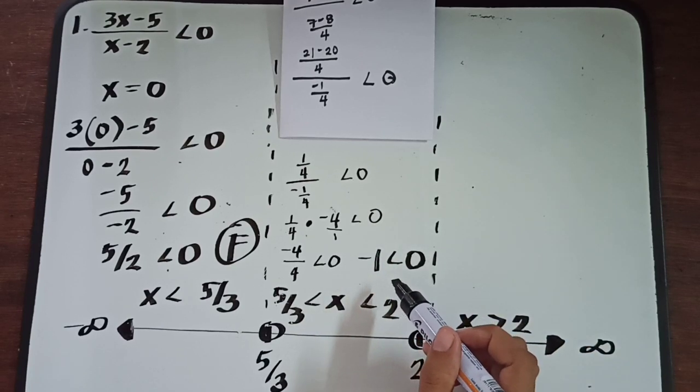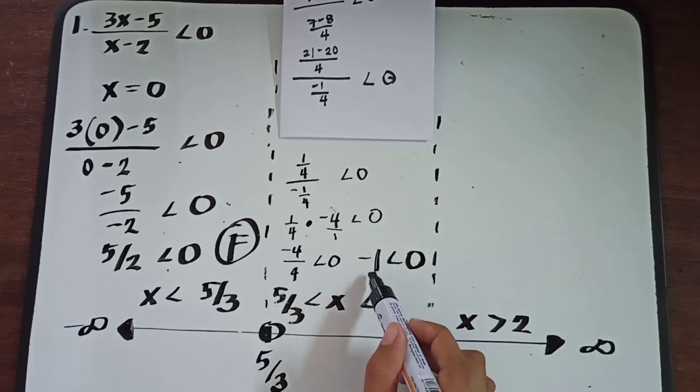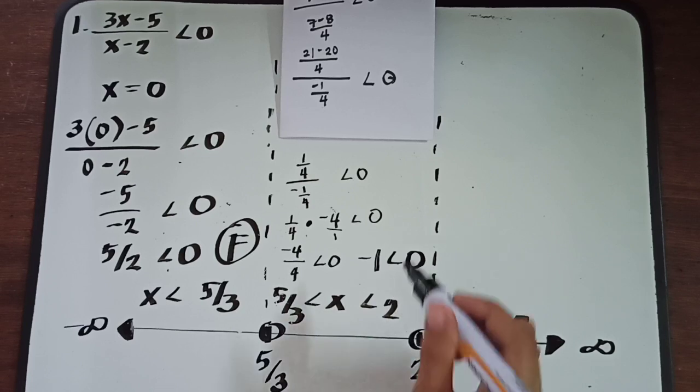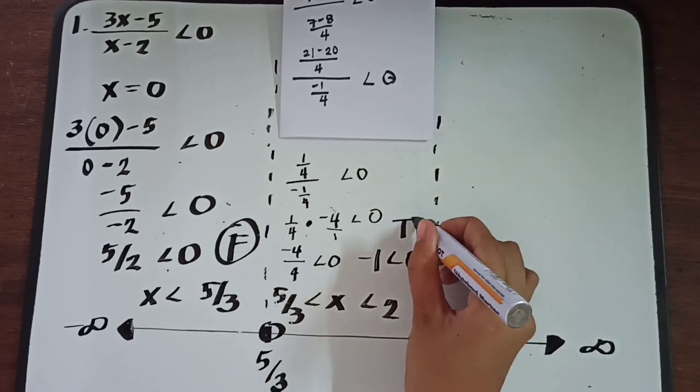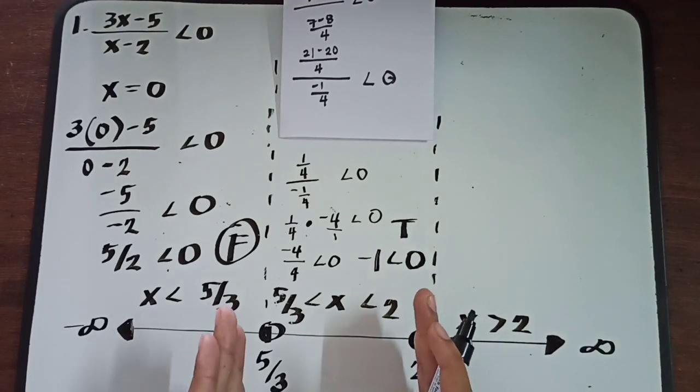So, is it a true statement or a false statement? Yung negative 1 ba, mas mababa ba siya sa 0? Again, yung negative 1 ba is mas mababa ba sa 0? So, yes. Therefore, this is a true statement. Okay? So, isa na to sa solution.